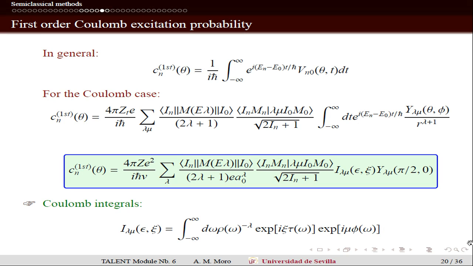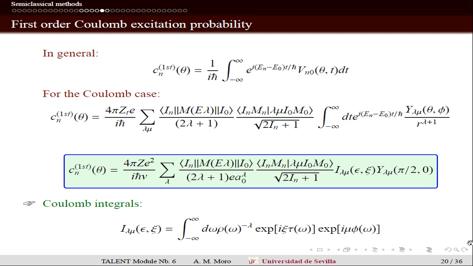potential. So now if we put explicitly the form of this coupling potential, remember this was the matrix element of the interaction potential, the coupling potential between the internal states, and we have agreed that we are going to describe these internal states in terms of the spin and the projection of the spin. So we have this coupling potential written here.